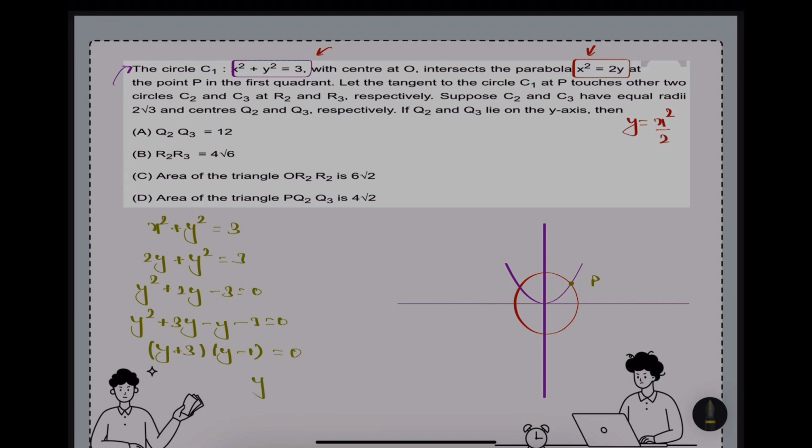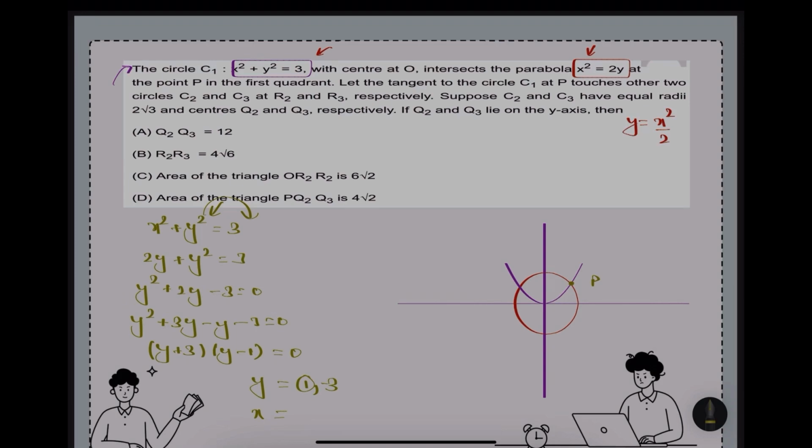So (y plus 3)(y minus 1) equals 0. So y will be equal to what? Either 1 or, sorry, minus 3, and you know that it is above the x-axis, so y will be plus 1. Suppose y is plus 1, so x square would be what? If y is plus 1, then 1 square is 1. Now 1 this side, so 3 minus 1, 2.